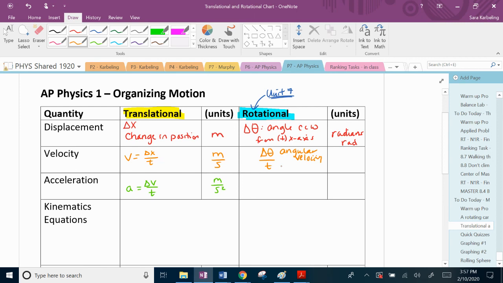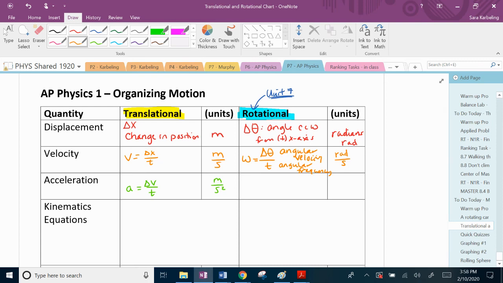We'll go over this tomorrow, but I want to make sure I have it written down. You've met this one before. What is it? It is omega. Good memory. Omega. And the units are radians per second. If you remember that radians aren't really anything, then this is just 1 over seconds, which is why we call it angular frequency.